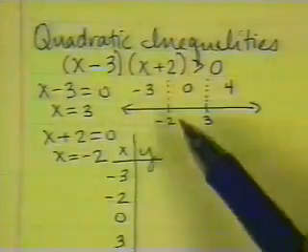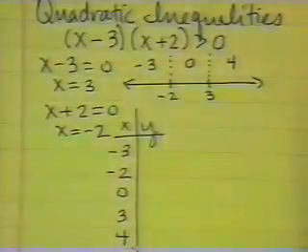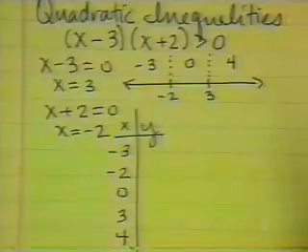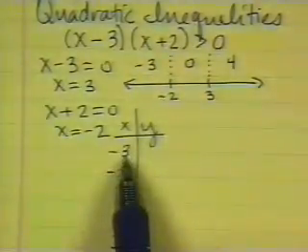Now, all we need is to determine whether it's going to be a true or a false statement there in order to determine where we shade. Let's go ahead and plug the -3 in.